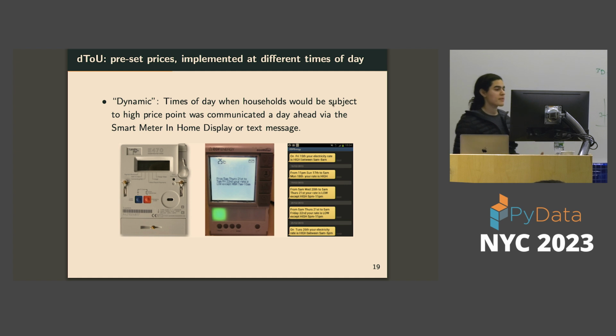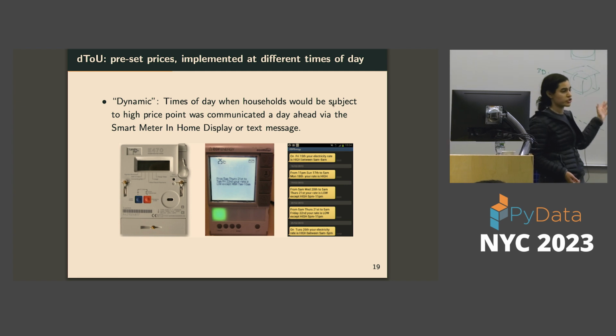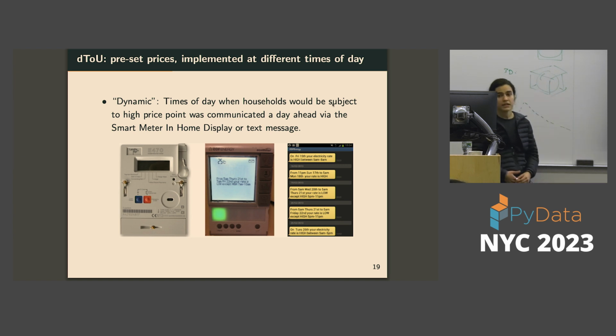Okay, so let's talk about the dynamic portion of this dynamic time of use pricing. We know what the price bands are, we just don't know when they will be implemented. The houses that went through this treatment got an at-home display, and in the middle, you'll see that they were notified 1 day before the price was implemented what times the price would be high. Similarly, they could get that over a text.